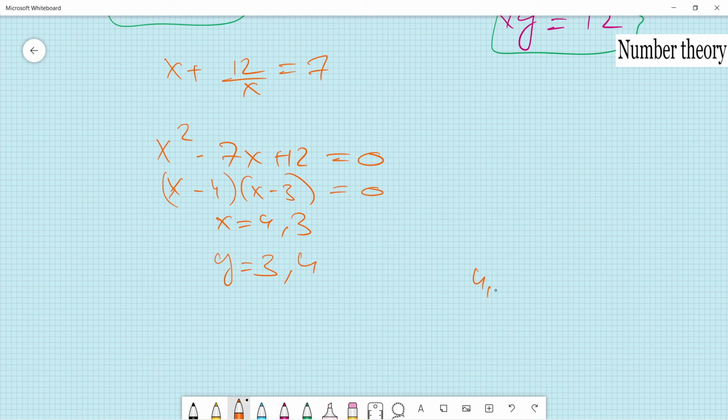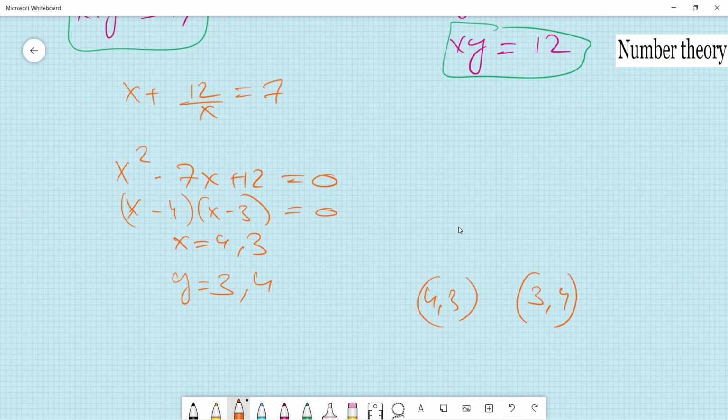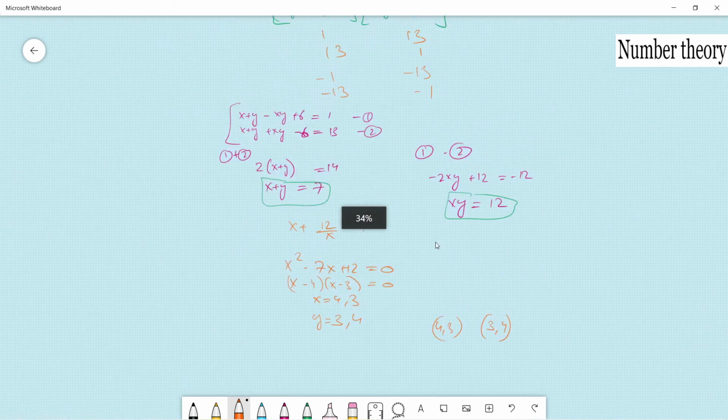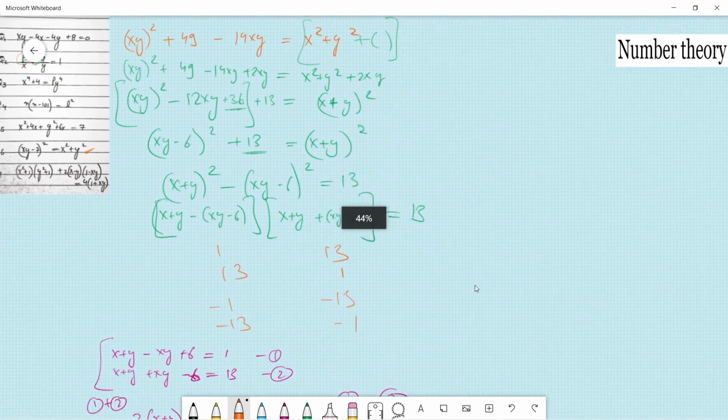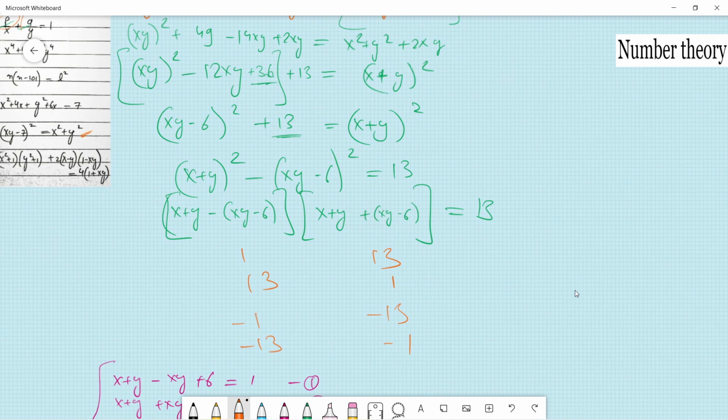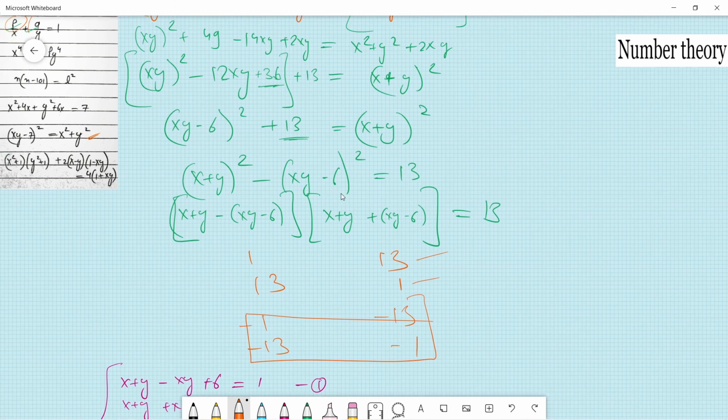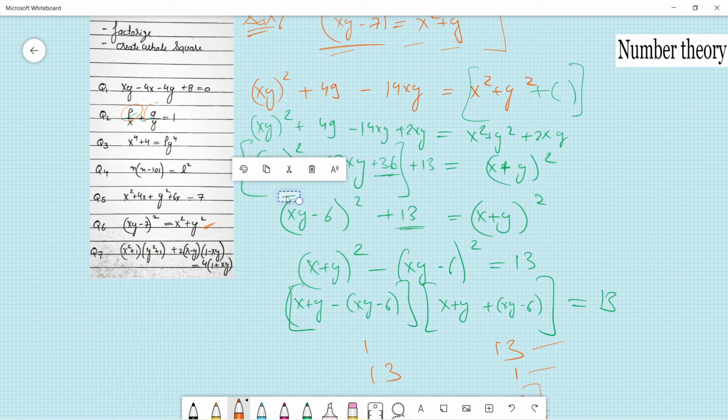So we have (4, 3) as one solution and (3, 4) as another solution. If we solve our other cases similarly, we'll get more solutions. And if it is given that x and y are positive, belonging to natural numbers, then we won't have to deal with these two cases. Only these two cases will do. So that completes problem number 6.